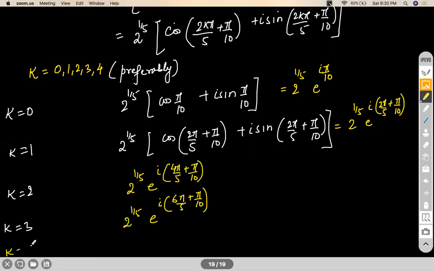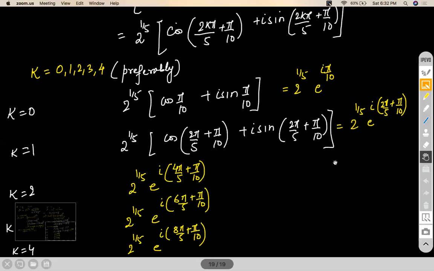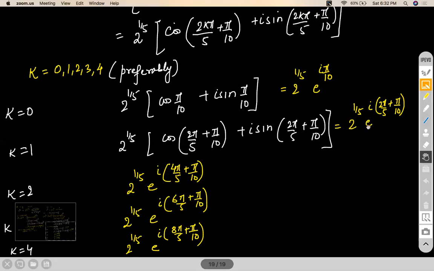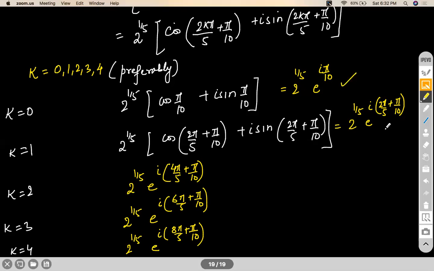And if I put k as 4, I'll get the last root. Is this fine? Now, what is important for us is to know its position on the Argand plane. So these are your 5 answers: 1, 2, 3, 4, 5.